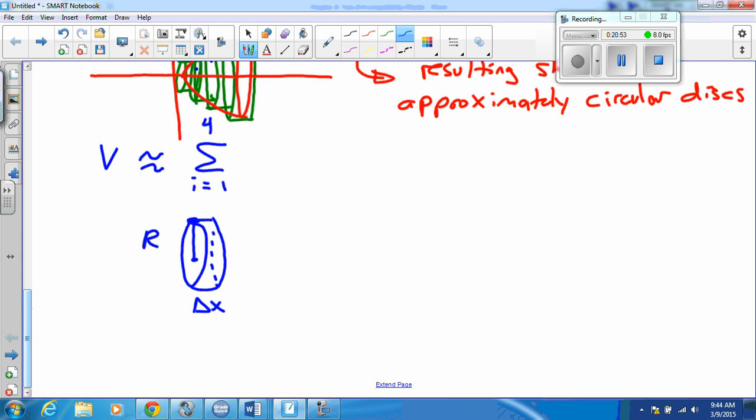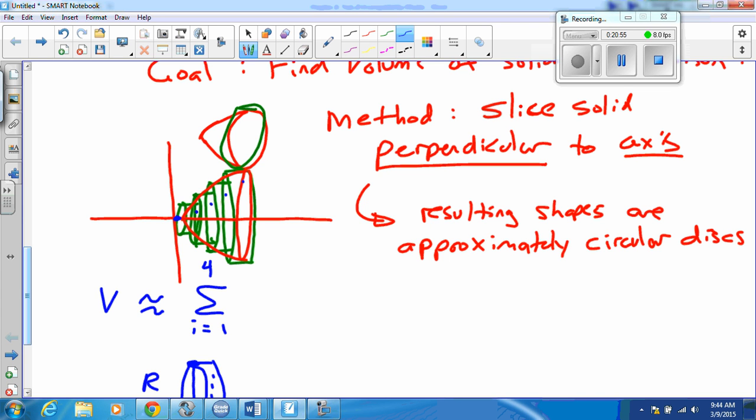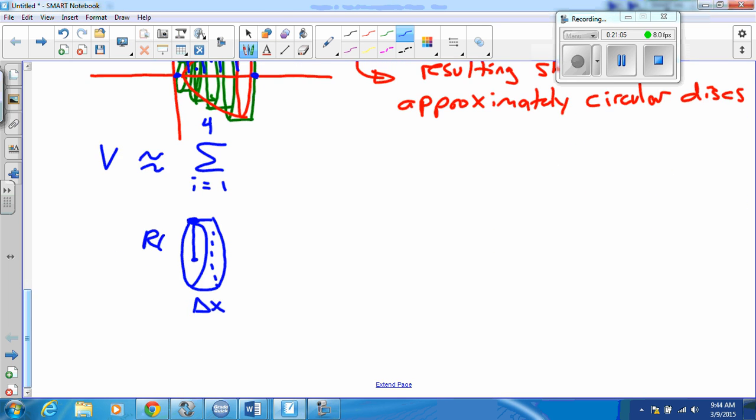And the r is going to be a function of x, because as my x changes from 0 out to 4 here, you can see that the radii of my disks are changing right along with them. So r is a function of x, and I'll call it r of x to indicate that.